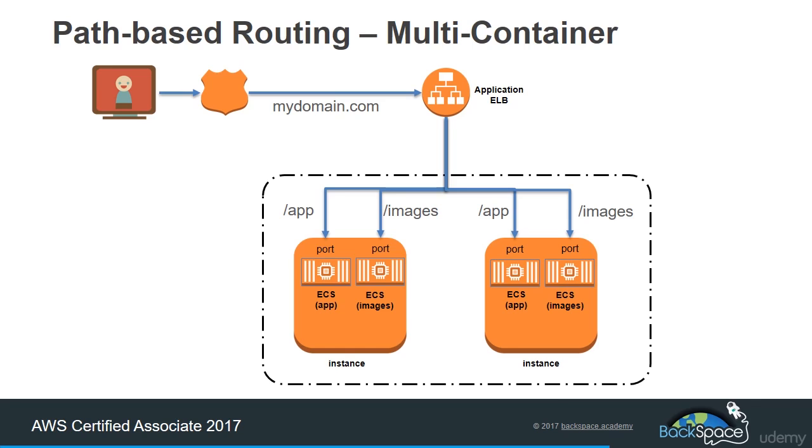So again, we would have our application over here, and if my domain has app in its path, then those requests will come in and go to that ECS container that is running that application, and the port combination for that. If you are using the ECS service to do that, it's quite good because the ECS service will manage all that for you. It will allocate the port and it will register that with the application load balancer for you.